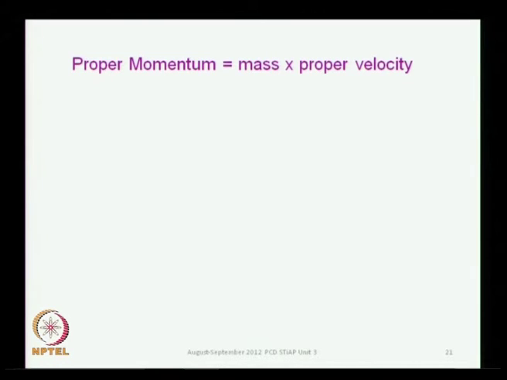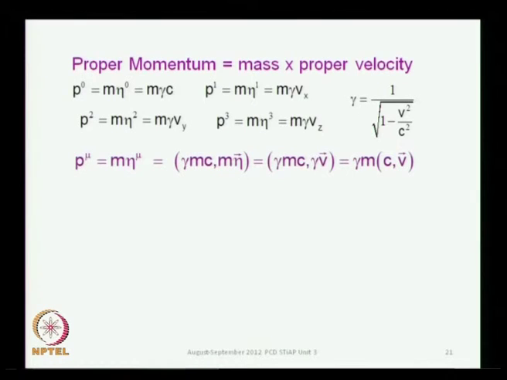We define the proper momentum as mass times proper velocity, which is again a straightforward extension of the classical idea. So, you have the proper velocity, you multiply each term by m and you get the proper momentum, which again has 4 components, and the first component involves the speed of light. So, this is your description of proper momentum.